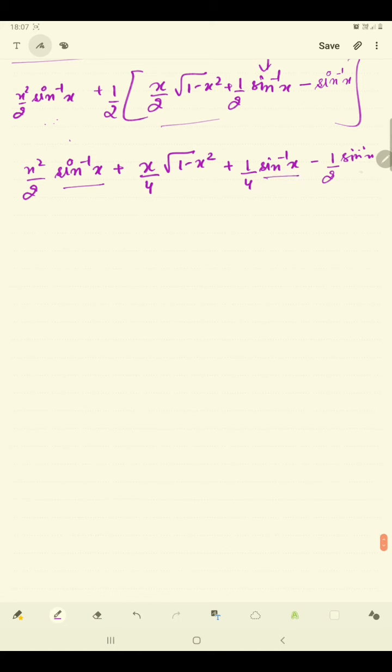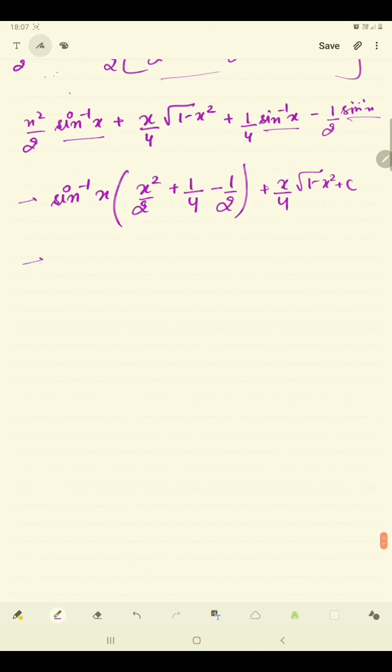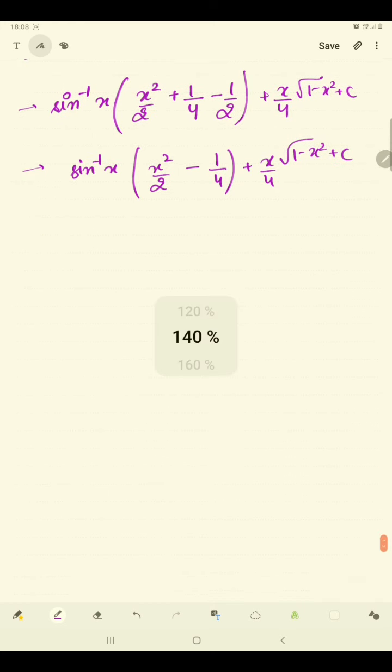So actually sine inverse x, sine inverse x, and sine inverse x, taking all of the terms common, we have x square by 2 plus 1 by 4 minus 1 by 2 plus x by 4 under root 1 minus x square plus c. Now further solving this, we get sine inverse x times x square by 2 minus 1 by 4 plus x by 4 under root 1 minus x square plus c.